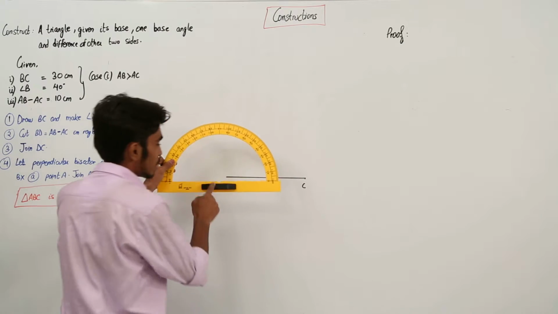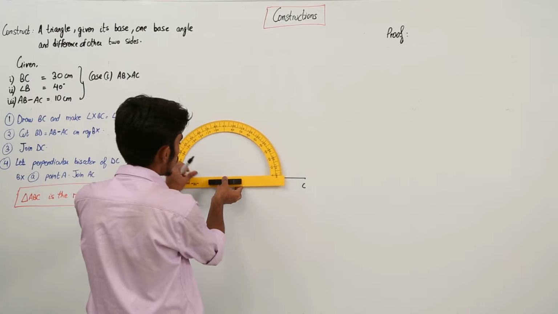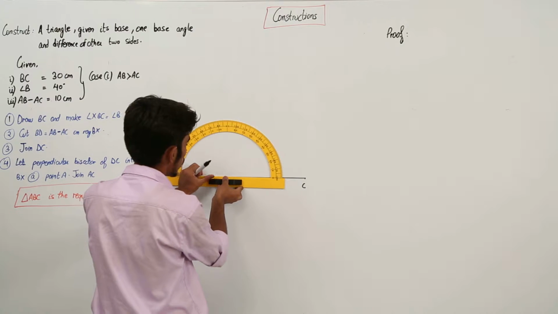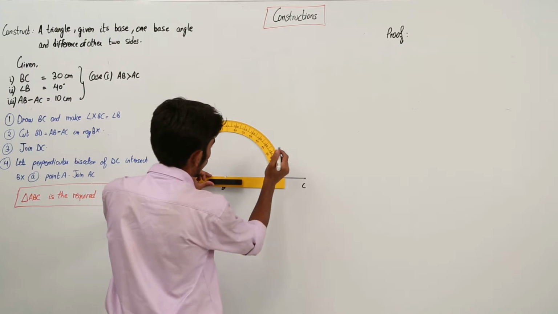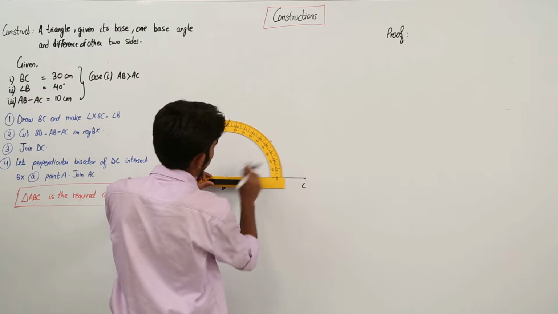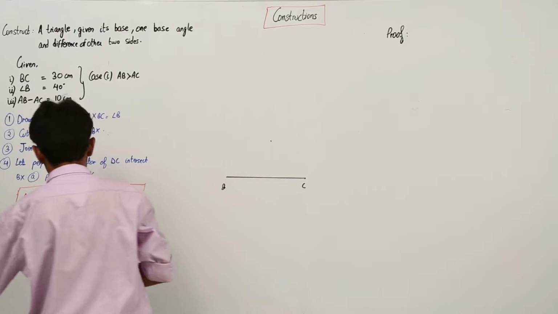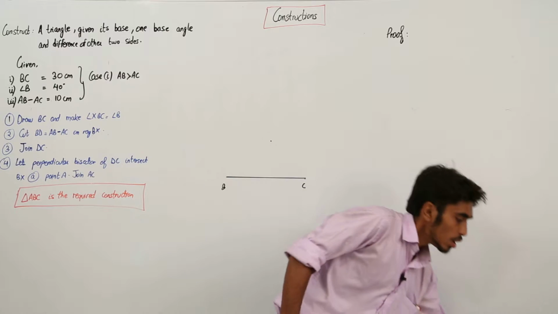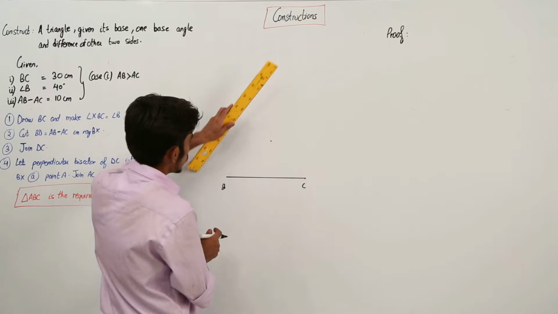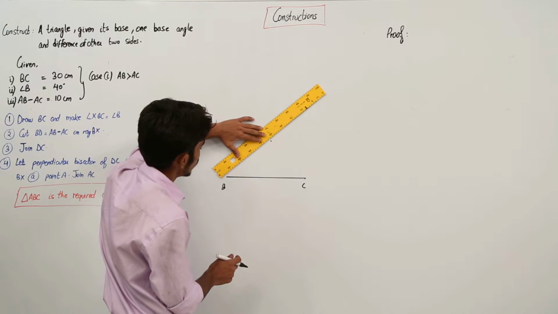So let me place the center point of the protractor on B to draw 40 degree, right? This is the point for 40 degree. Now what I need to do is join both these points to get our angle, right? So I am going to join both these points.